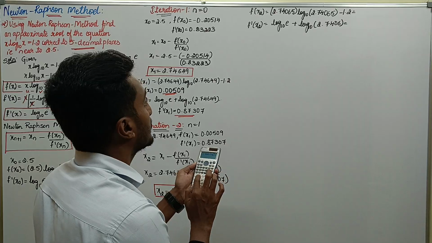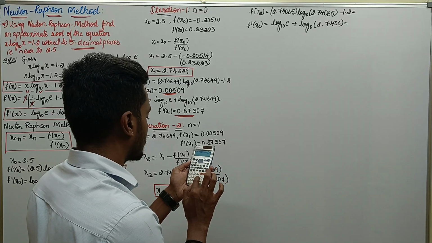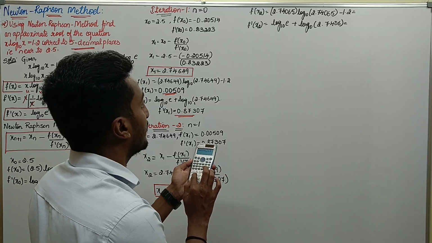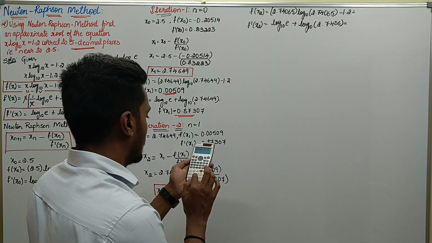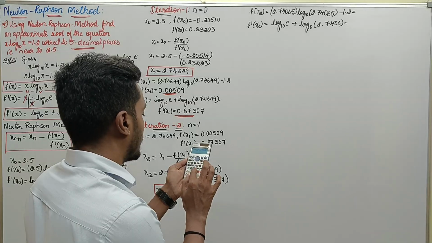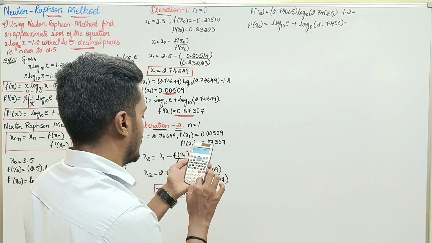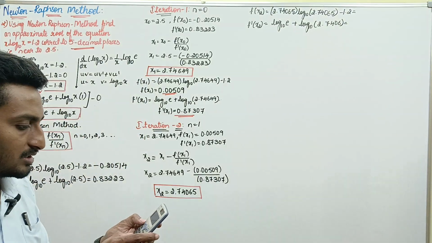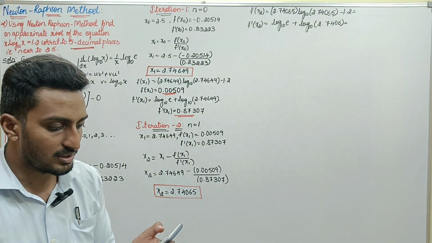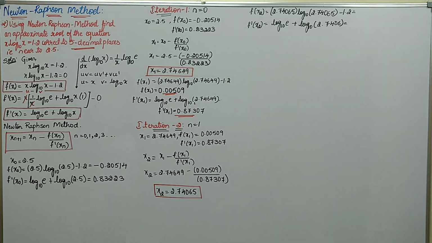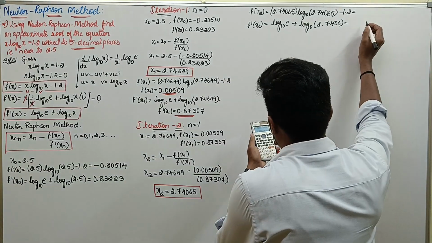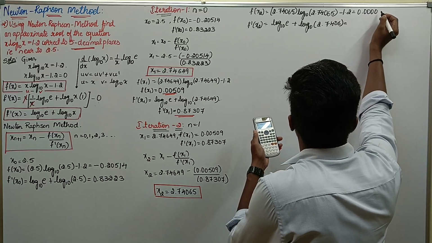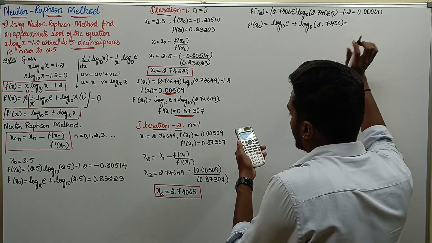2.74065 log base 10 2.74065 minus 1.2. Shift eng, you get how many zeros? 0.00004050. Okay, done.